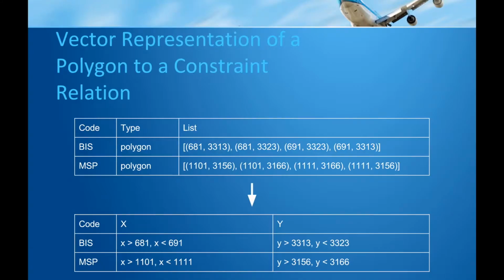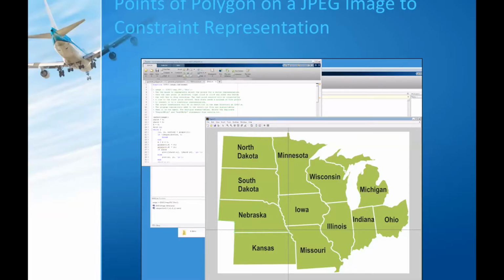And in order to go from a vector representation of a polygon to a constraint relation, we took the airports, which happened to be square in shape. We took the points and changed those into constraints. So x is greater than 681 and less than 691, and so on and so forth. And here is an example of our points of a polygon on a JPEG image to the constraint representation.